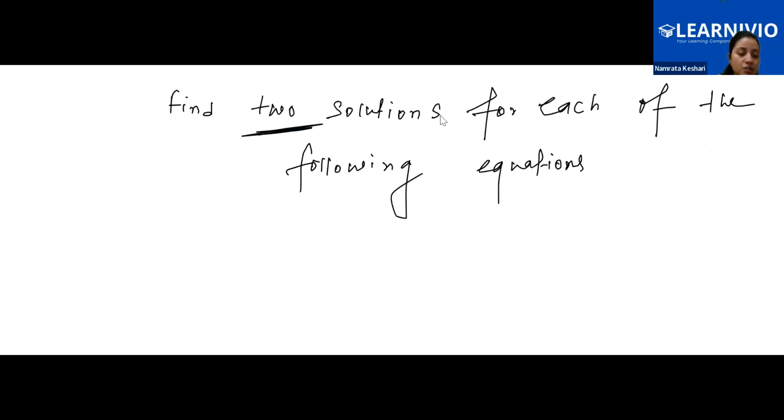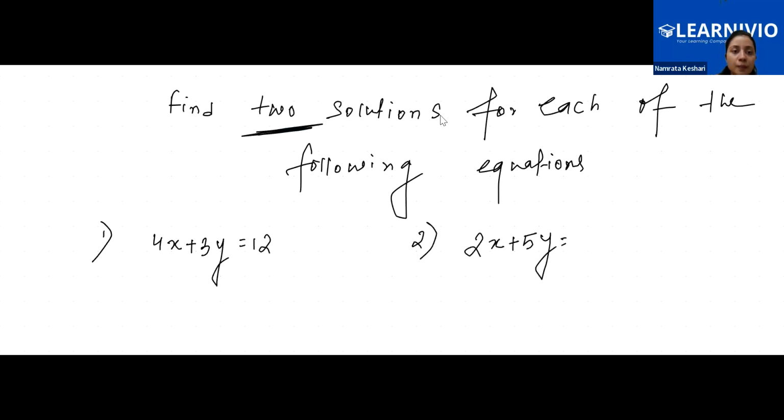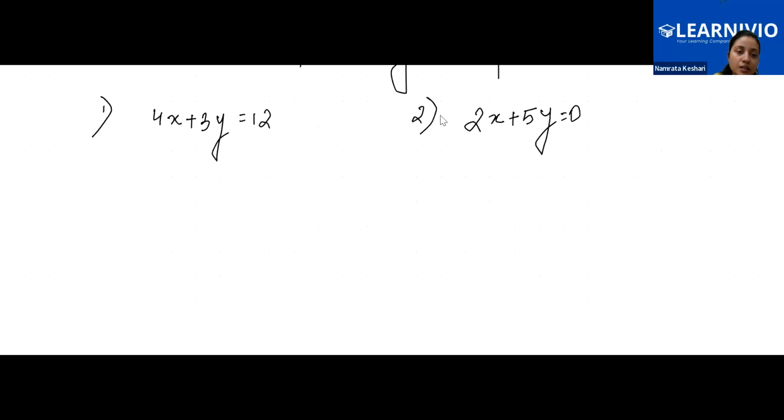So the first equation is 4x plus 3y is equal to 12. The next one is 2x plus 5y is equal to 0. The next one is 3y plus 4 is equal to 0.